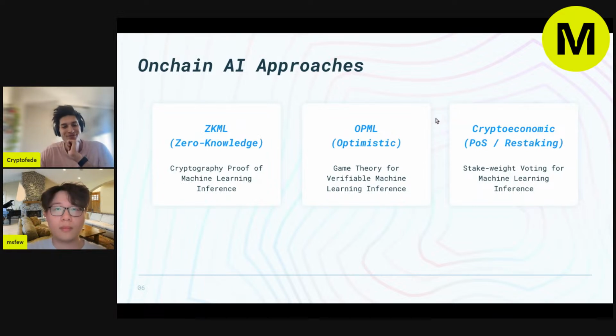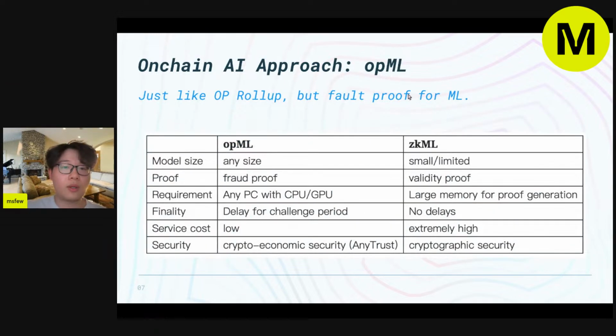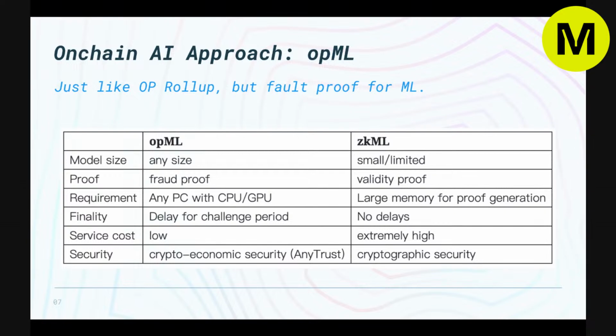Yeah. So let me move on to the next one. This is about the comparison between OPML and ZKML. What we see as a limitation of ZKML is that you need a very beefy server to generate the validity proof, or the ZK proof, of each machine learning inference.